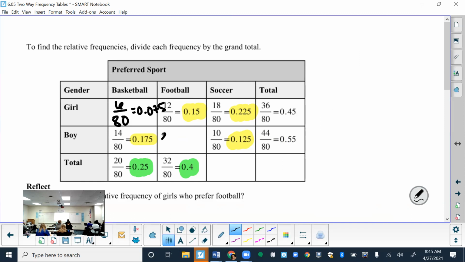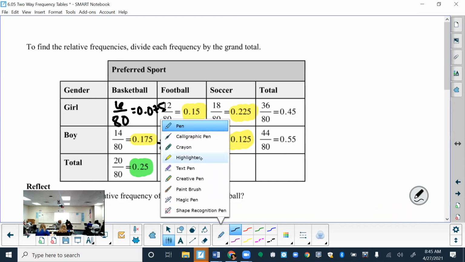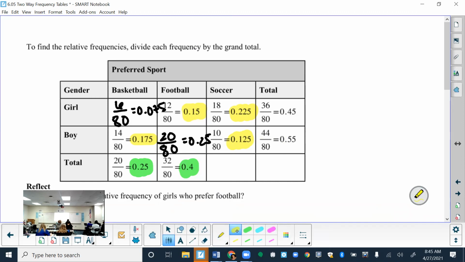There were 20 of them. Denominator is going to be 80, and that decimal is what? Good. The ones that we just filled in, would those be joint or marginal? It would be joint because there are 2 categories going on at the same time. So this is my joint relative frequency that I highlighted in yellow.